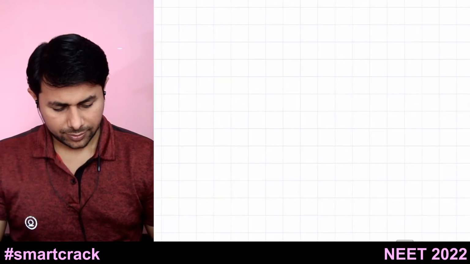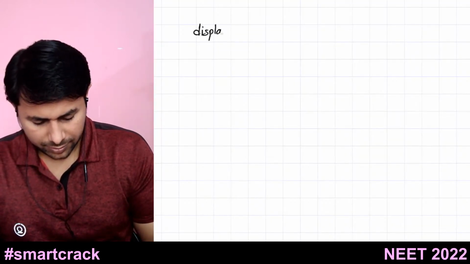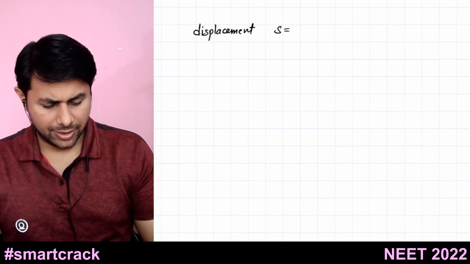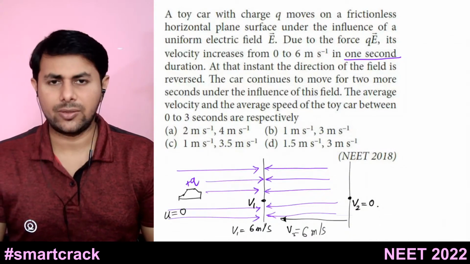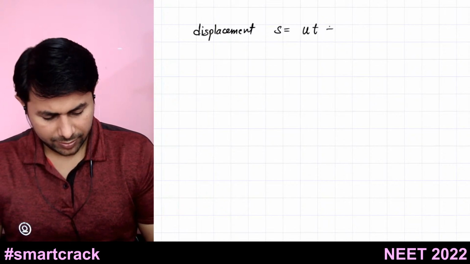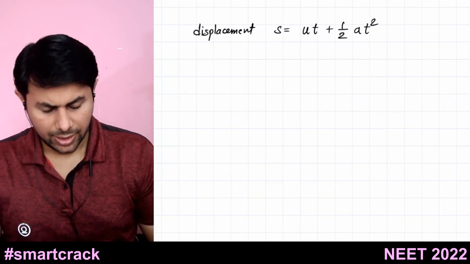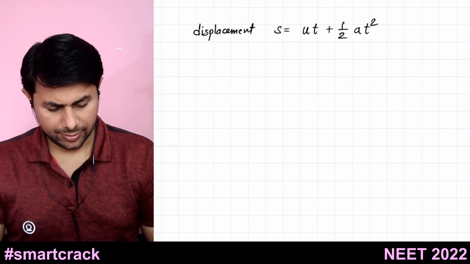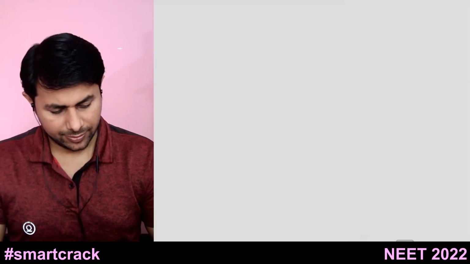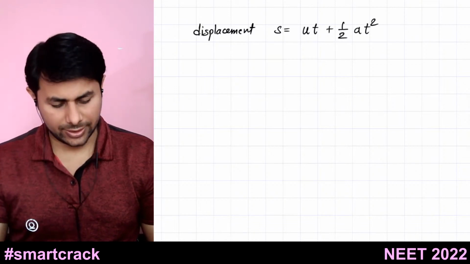So displacement S, we can use S equals ut plus half at square, where t is 1 second, because it covers that displacement in 1 second itself, and for that 1 second the acceleration is constant.